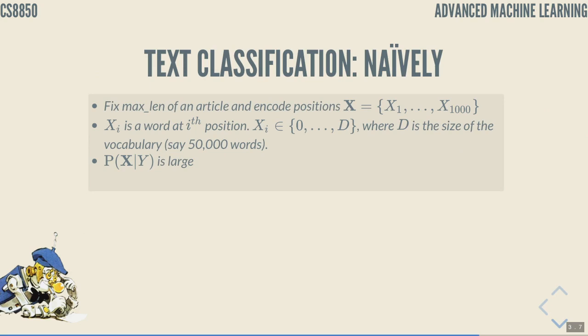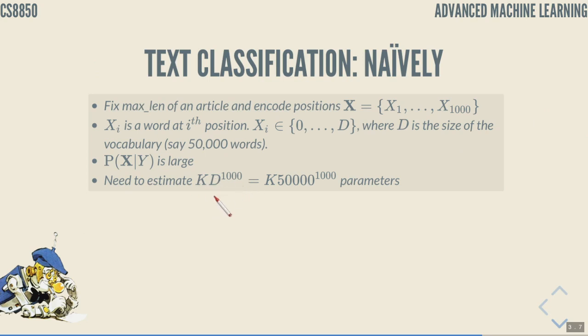Then the probability of x given y will have a large parameter space. To parameterize that, if we go with the joint probability, we need to estimate k times d to the power 1000 parameters, where d is the size of our vocabulary and k is the number of classes.